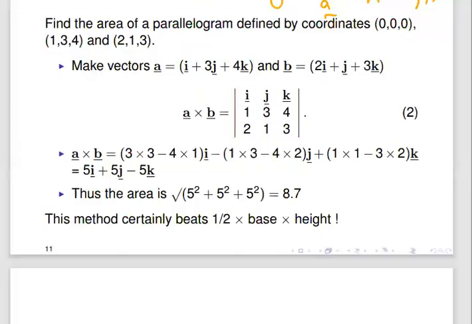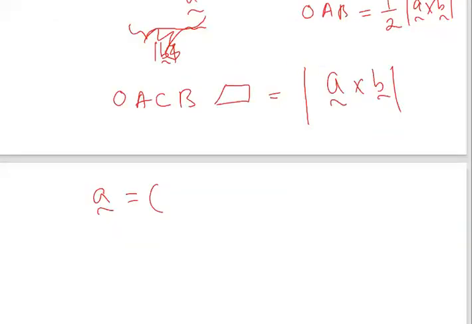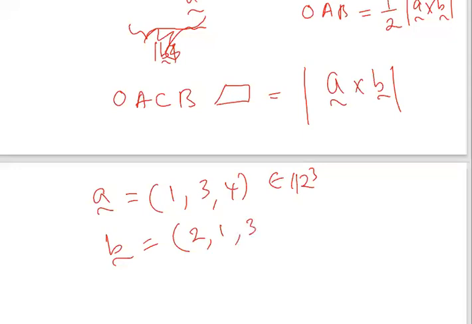Vector A is 1, 3, 4, a three-dimensional vector. B is 2, 1, 3.